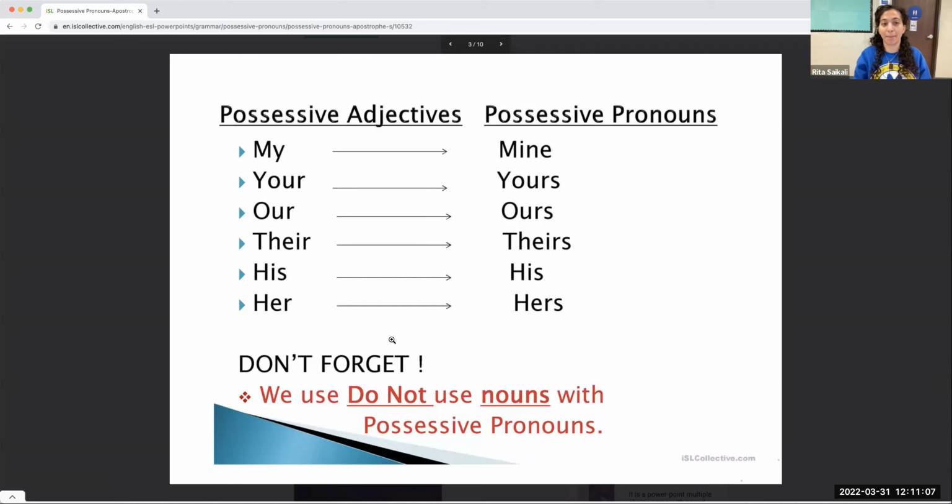So instead of saying "my bottle" and describing the bottle, we're saying the bottle is for me. So the bottle is mine, okay? So we replace the my, your, our, their, his, her with mine, yours, ours, theirs, his, and hers, okay?